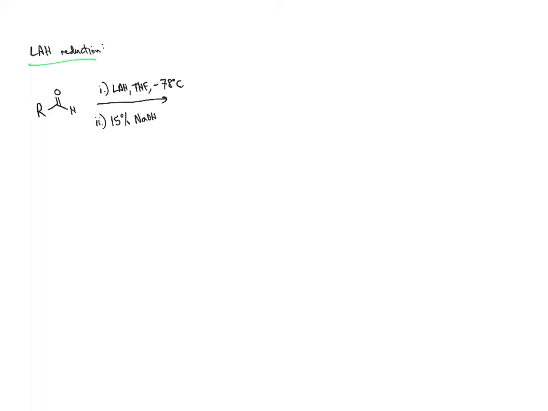And of course, the product of the reduction of aldehydes with either LAH or sodium borohydride is an alcohol, in this case a primary alcohol. So we're starting with an aldehyde, and we're going to generate a primary alcohol.